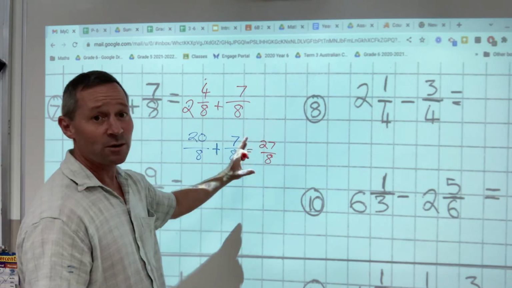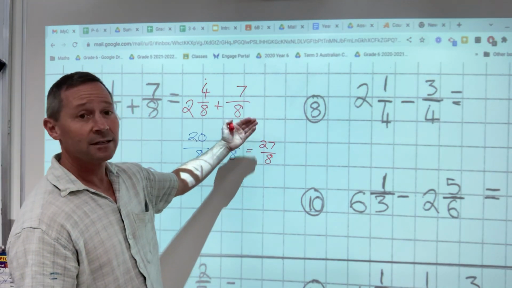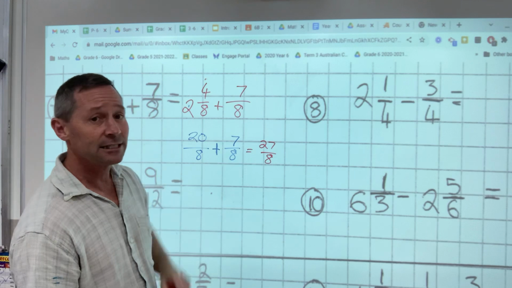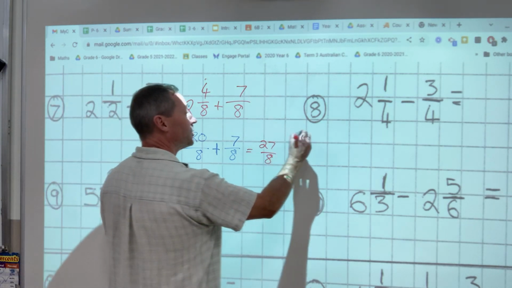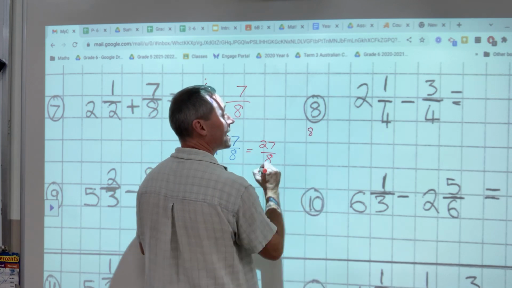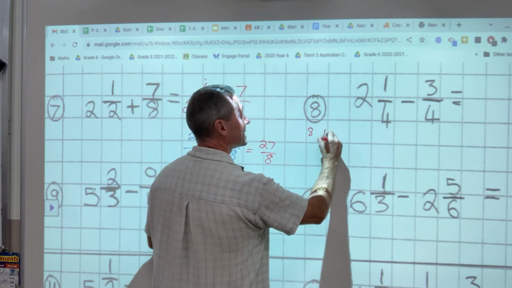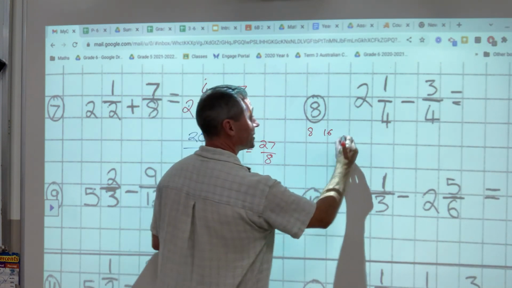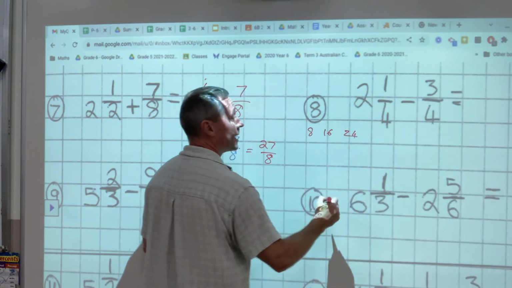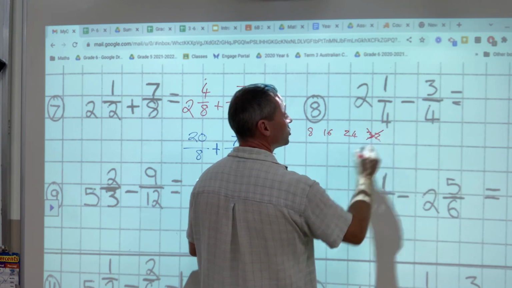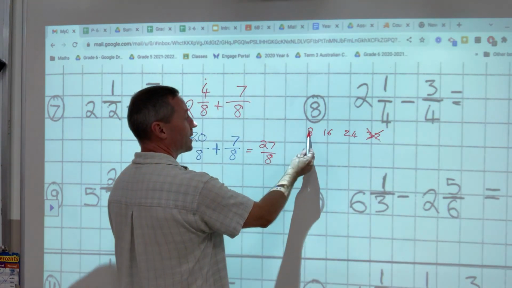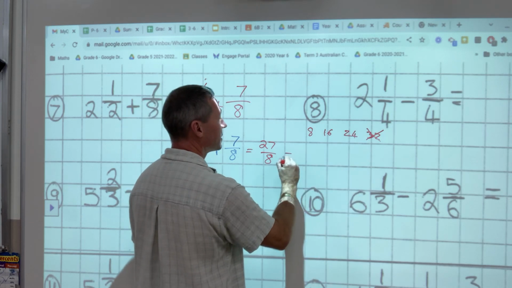This is what is known as an improper fraction, where the numerator is bigger or greater than the denominator. To turn it around into a mixed number, I might use my multiplication skills. 8 times 1 is 8, 8 times 2 is 16, 8 times 3 is 24, 8 times 4 is 32. 32 is too big, so you can go once, twice, 3 times.